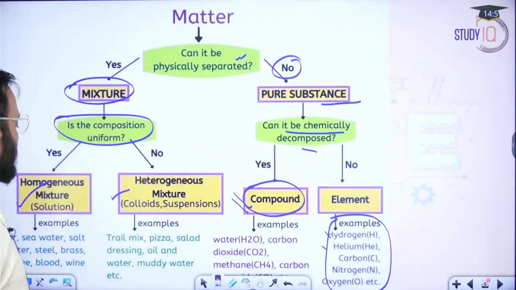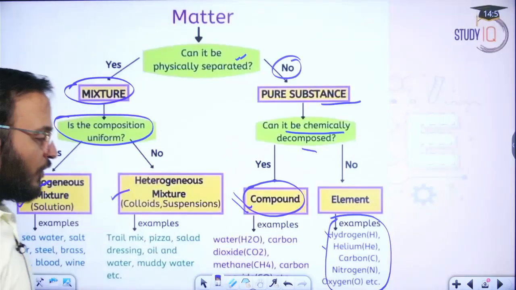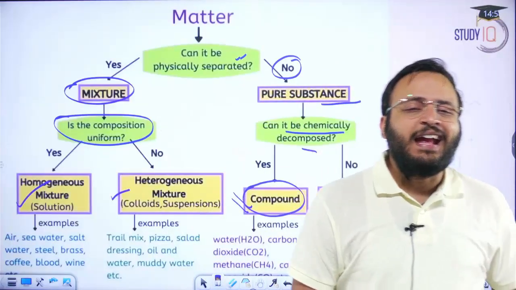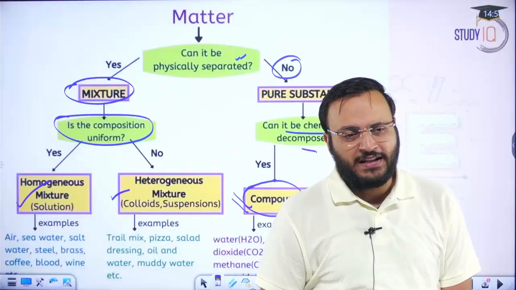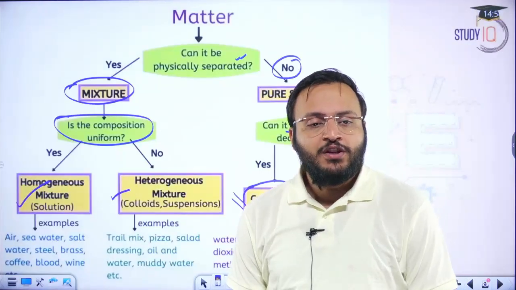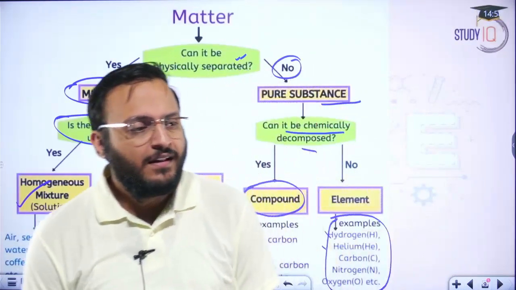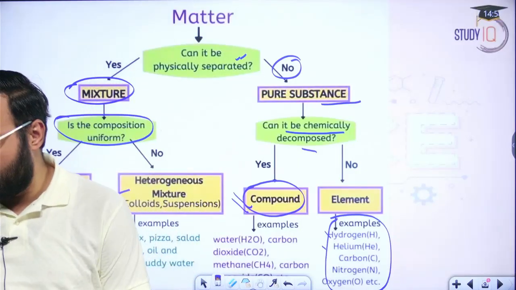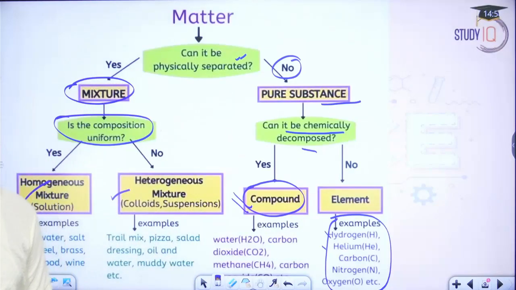What is the meaning of homogeneous mixture and heterogeneous mixture? Homogeneous mixture means if you take any sample from a random place, you usually obtain exactly the same composition of the matters in that mixture.